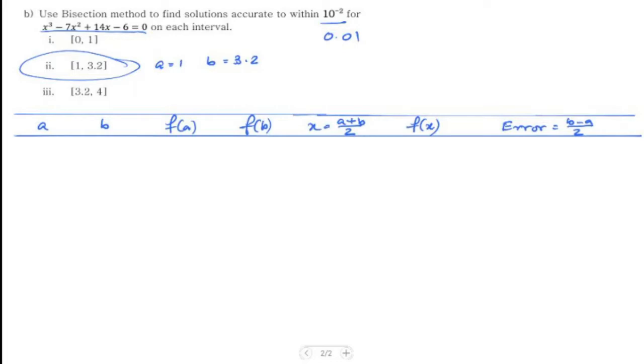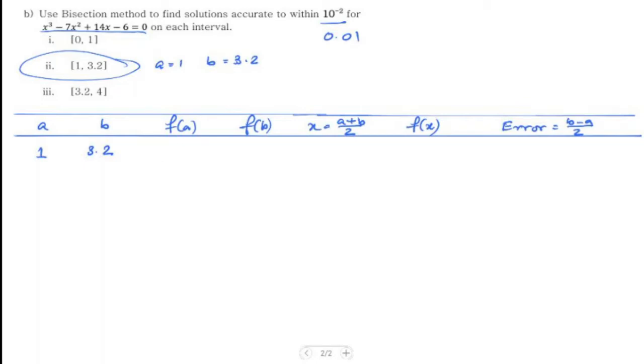So a is 1 and 3.2 is b. You could do the others and see where you get the root, and if you want you can draw the function using Wolfram or any online plotting system and see where the roots of this function are. So here between the interval 1 and 3.2, let us find the root of the function.